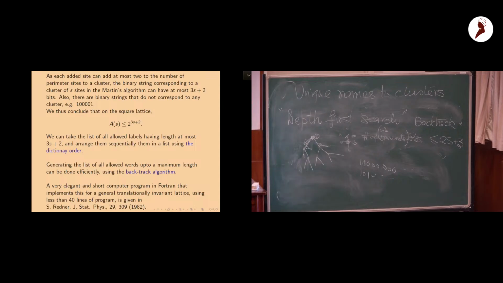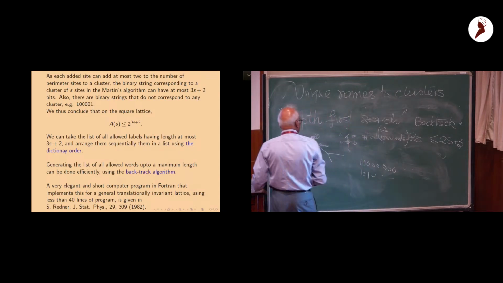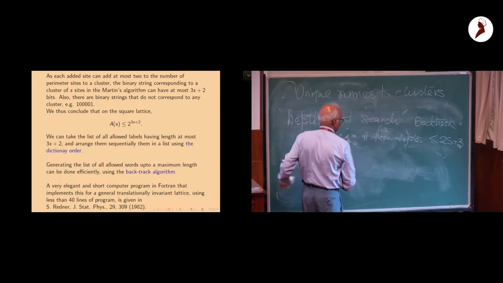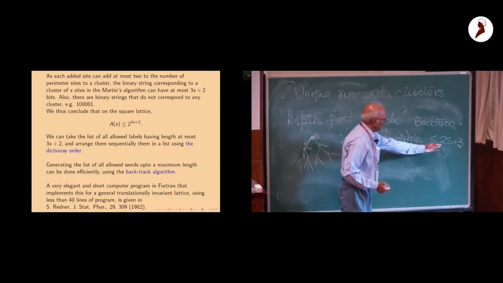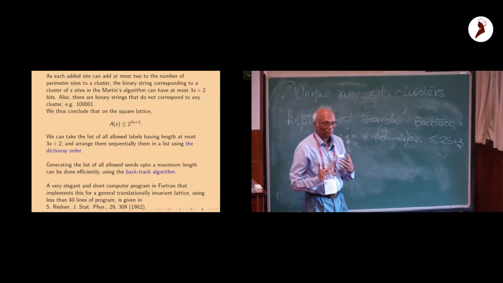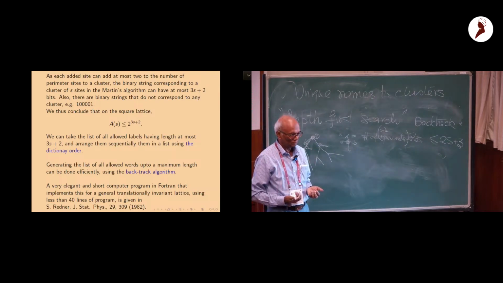So this one says that there are that many perimeter sites, and the total number of characters in my list will be only 3s plus 2 at most.